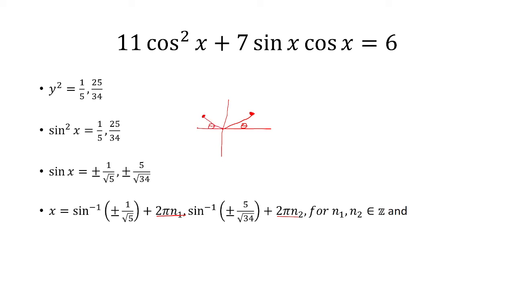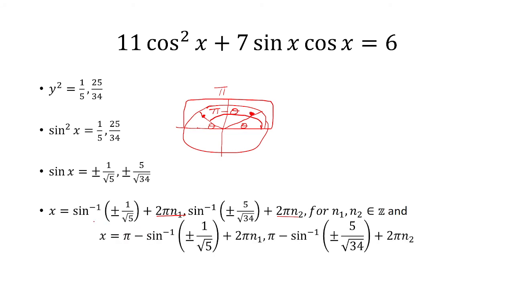This also would have to be theta. Now, if I were to draw the circle, this top half is pi. So if this is theta, that means this angle right here has to be pi minus theta, okay.